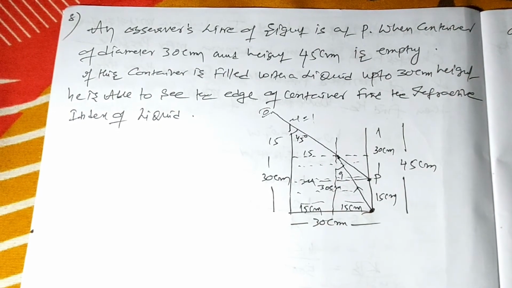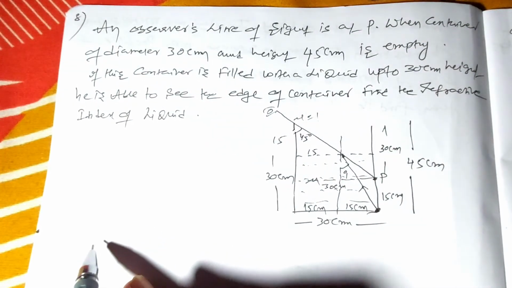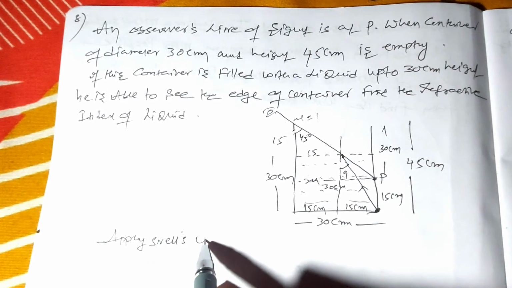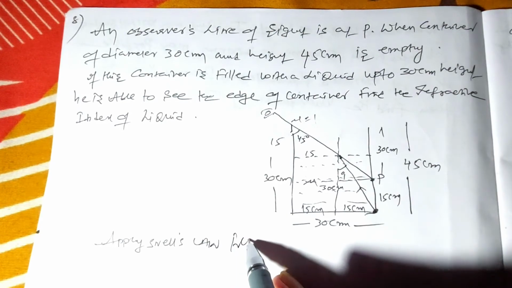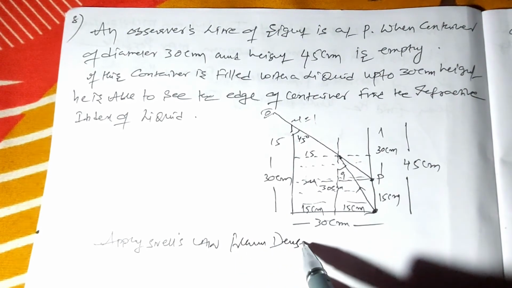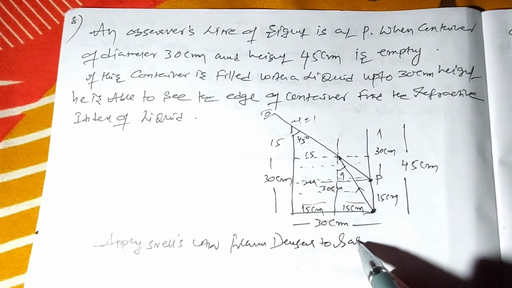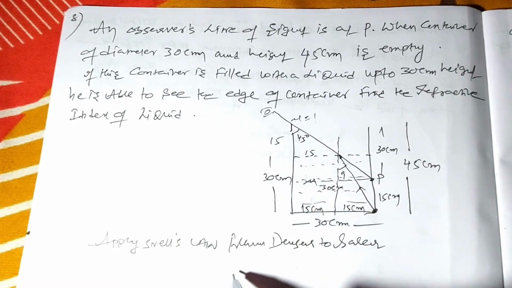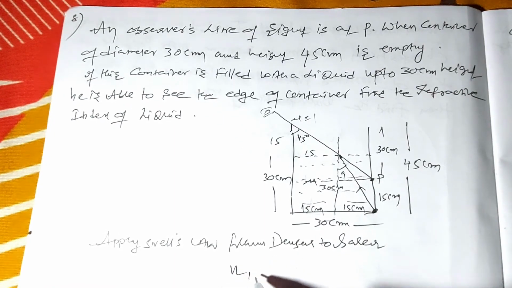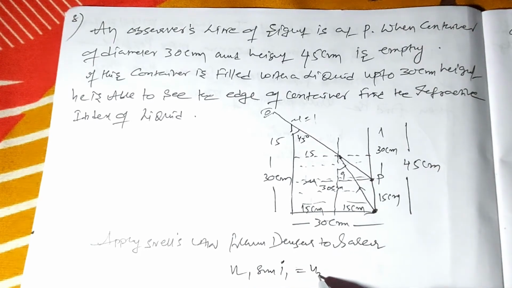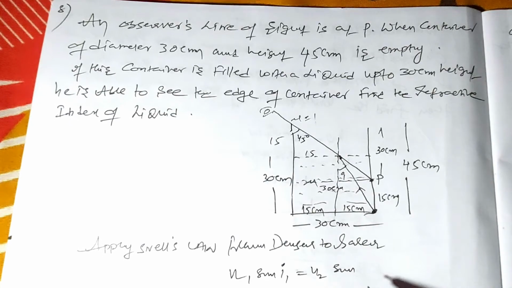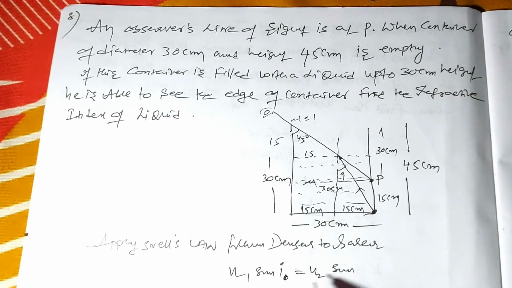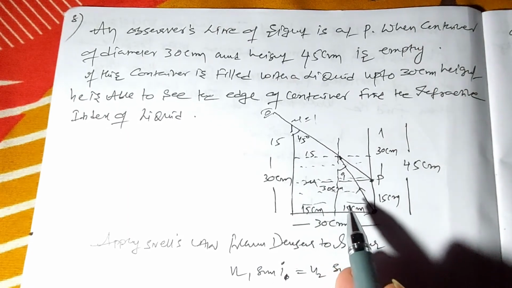Now we apply Snell's law from denser to rarer medium, that means from water to air. N1 sin i is equal to N2 sin r.